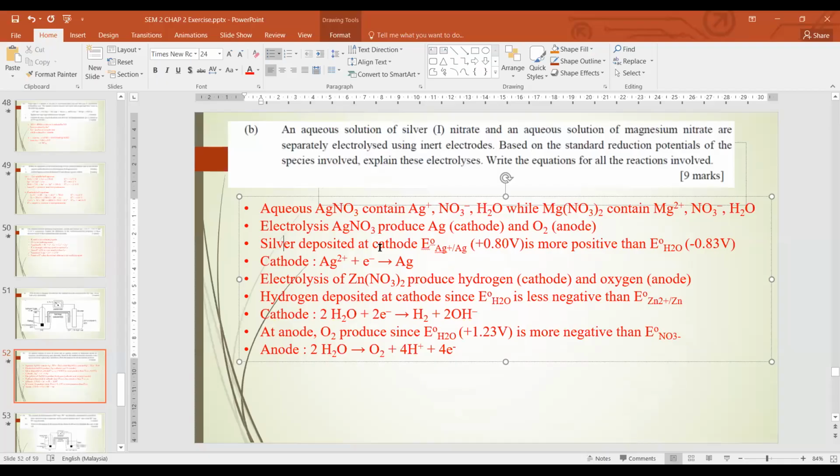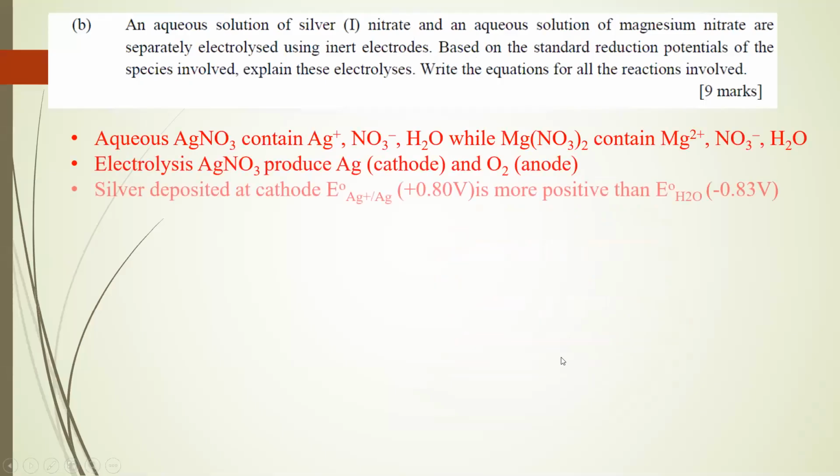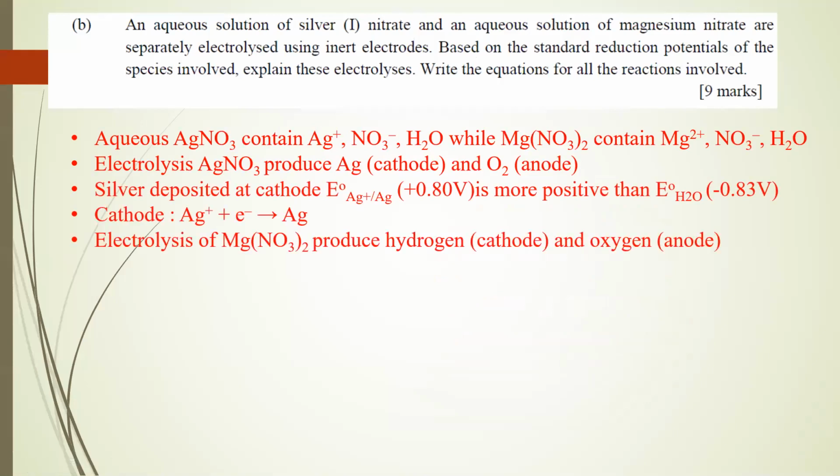Why so many typing errors? Sorry. The half equation at the cathode is Ag plus plus e minus gives Ag.